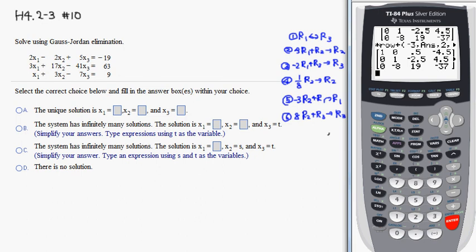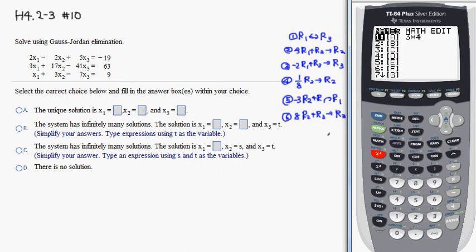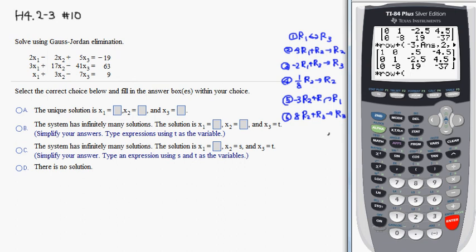Then we do the same thing, so go to matrix again, then math, then go up to find multiply and add. This time we multiply by 8, then previous matrix, and multiply row 2 and add it to row 3. Right, then we have that.